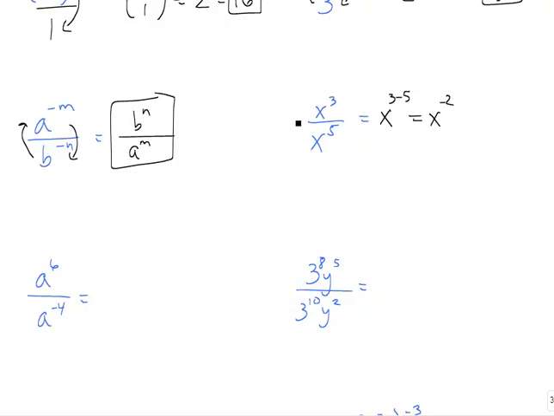So as a shortcut, or as an alternative, I am going to take the bigger power, 5, minus the smaller power, 3. 5 minus 3 is positive 2. The answer that we get, x squared, is going to go in the denominator because that's where the larger power was. So we take the larger power minus the smaller power and put your answer in the position of the larger power.